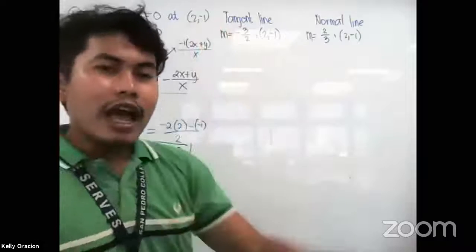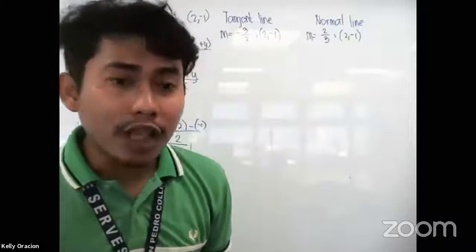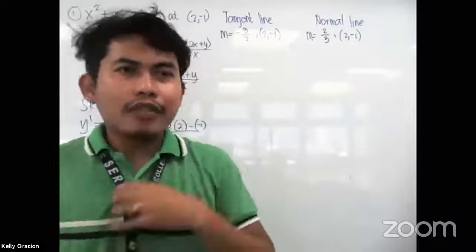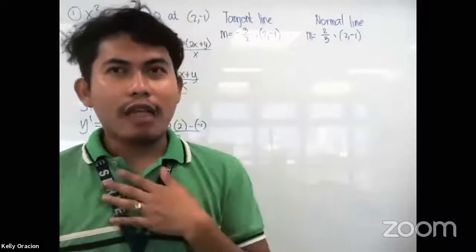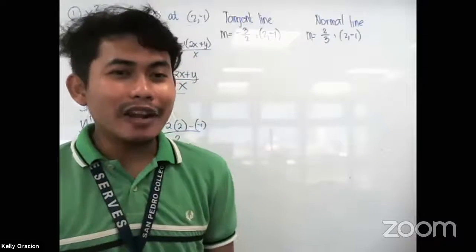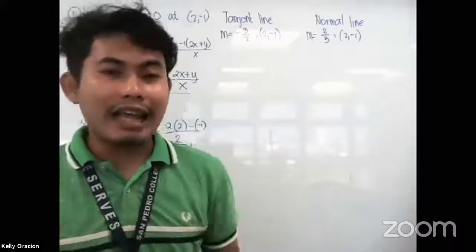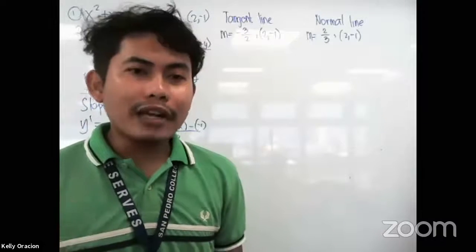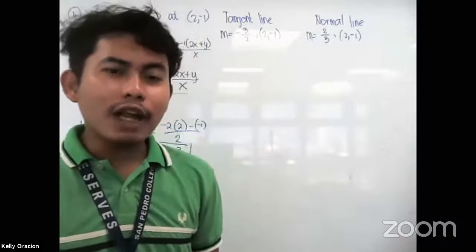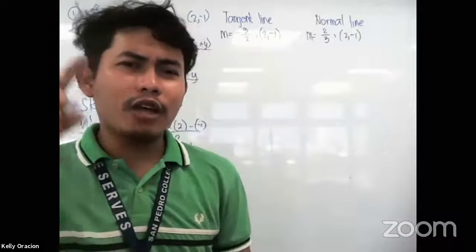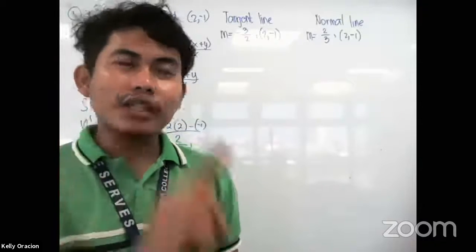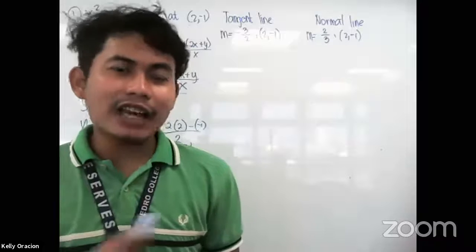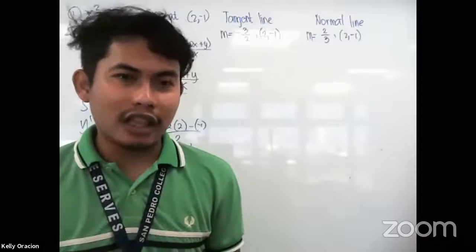And thus, when we see perpendicular lines, class, di ba, they form a right angle. And class, the product of the slope of your tangent line and the normal line is equal to -1.